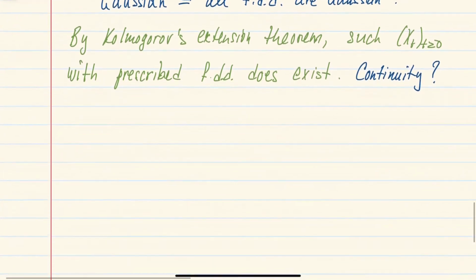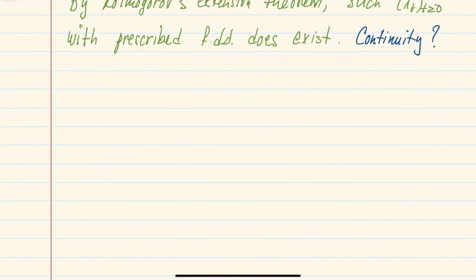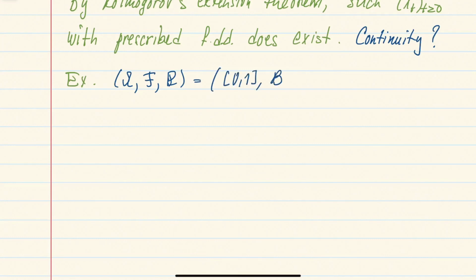So you can think of a very simple example, where you take your probability space to be just [0, 1] with the Borel sigma algebra and the Lebesgue measure as your probability measure.